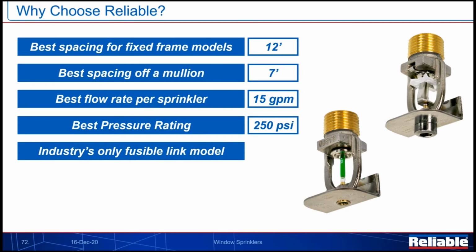And we have the industry's only fusible link model. If you want the durability of the fusible link, if you are tired of orange protective caps being taken off too early in a project, or forgetting to take them off and going back on a punch list item, the WP56L might be the solution for you.